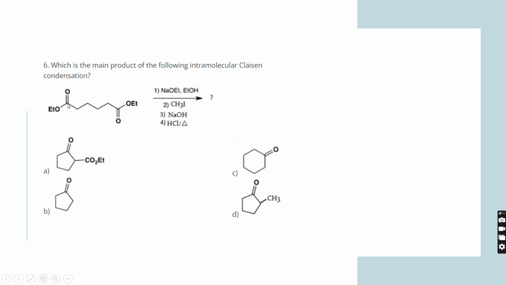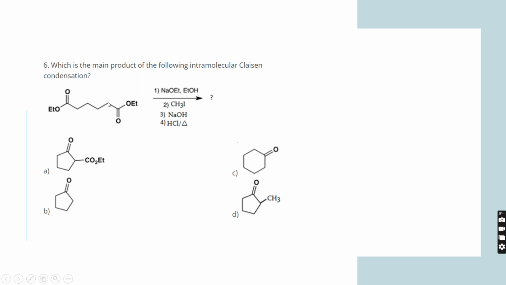Now for this ester carbonyl you have a very good leaving group attached to this carbonyl. So rather than protonation of the oxyanion formed after attack, this ethoxide will leave. Why? Because you have a very good leaving group attached.